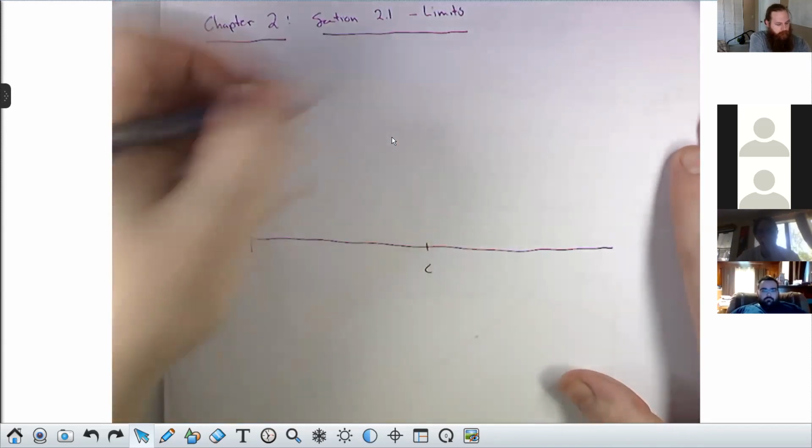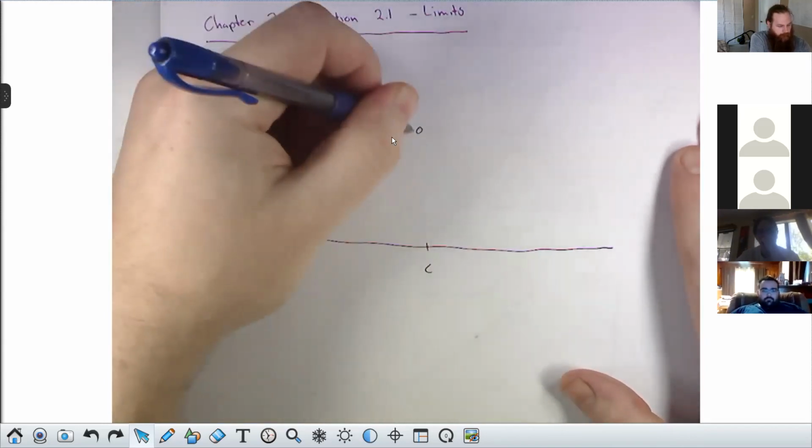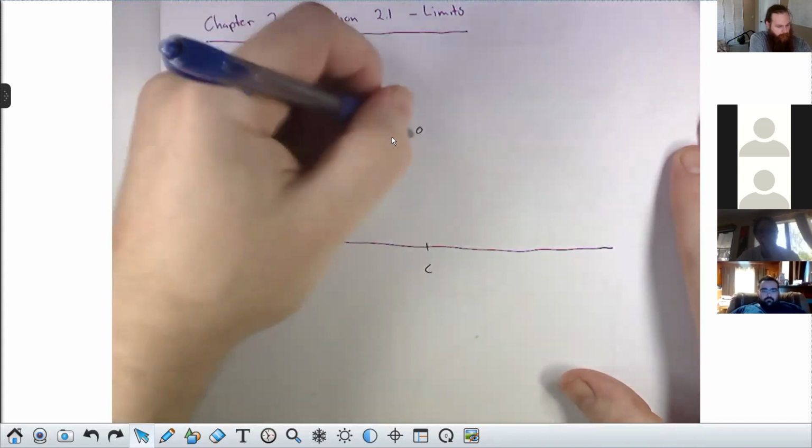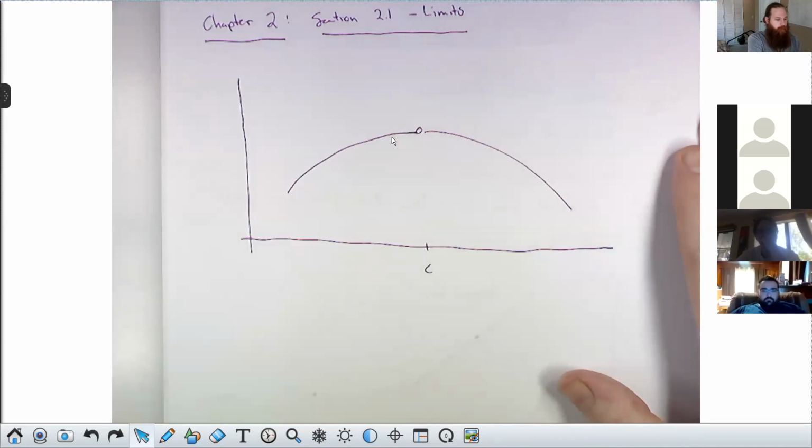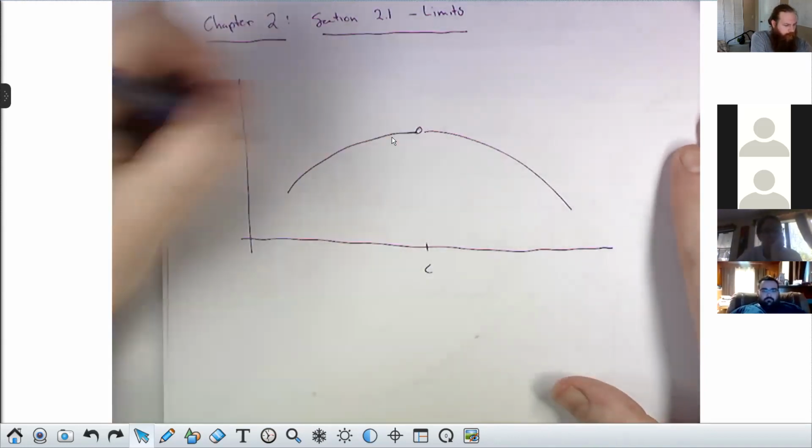So let me call this C, and suppose I have a graph that looks something like this. There's a hole in the graph here.